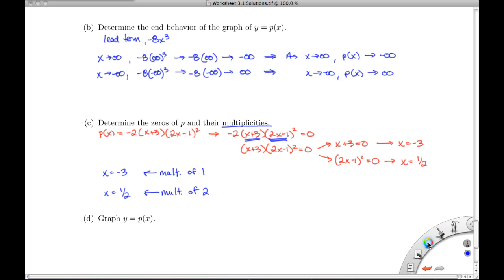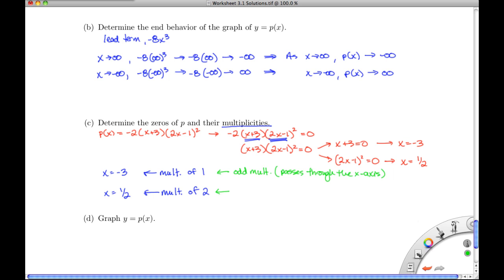Now, what is this going to imply for our graph? Since this is an odd multiplicity, we're told that this results in our curve passing through the x-axis at that 0.